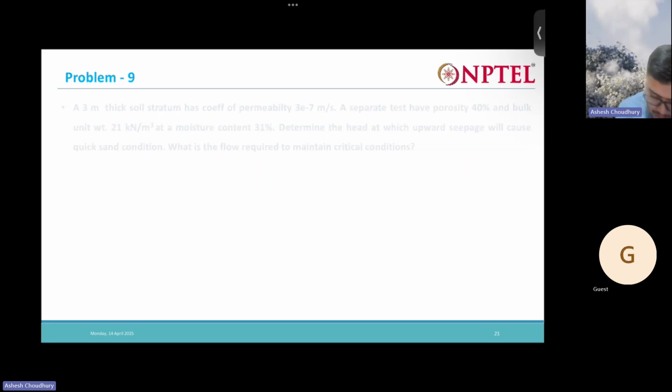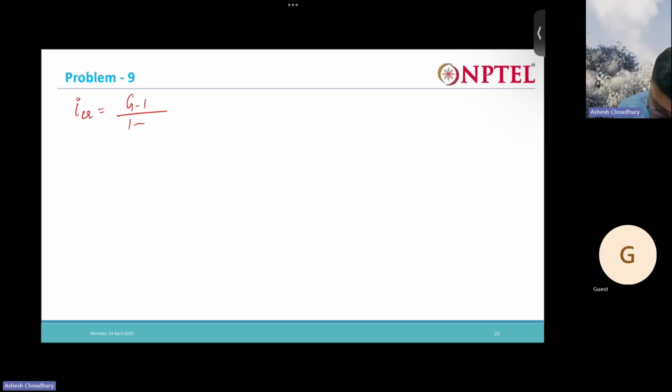Now I know my critical hydraulic gradient is nothing but G minus 1 by 1 plus e. So G minus 1 by 1 plus 0.667 will be 1.03. This is my critical hydraulic gradient. Now the question is the head at which upward seepage will cause this quicksand condition.